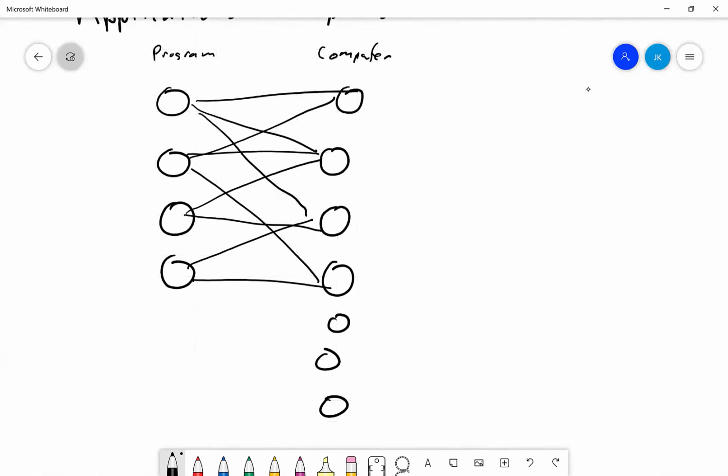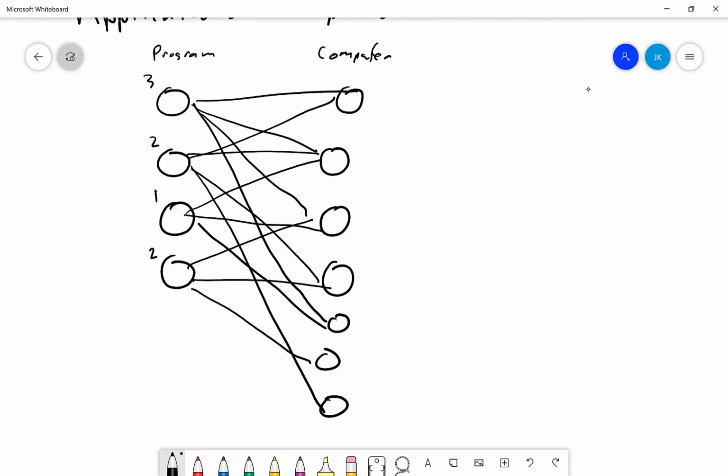You might have some number of programs that you want to run, say 3 copies of this and 2 copies of that and 1 of this and 2 of this. And the question is, how many of those can I run on this set of computers that I have here?